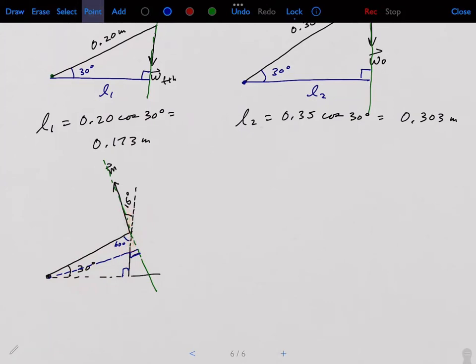So this also has to be 15 degrees. Let me draw this again. This total angle must be 60 plus 15, which is 75 degrees. Which means this angle now must be 15 degrees.